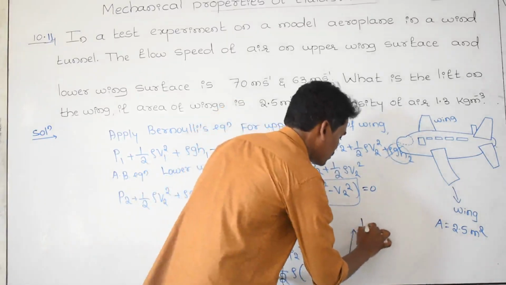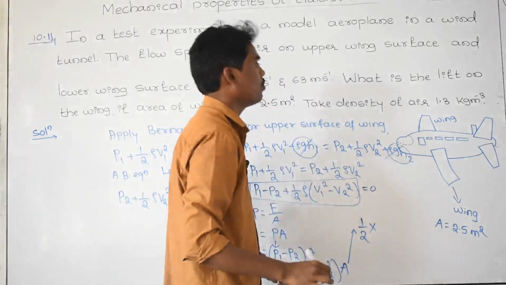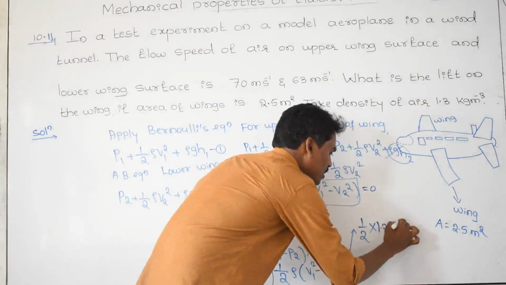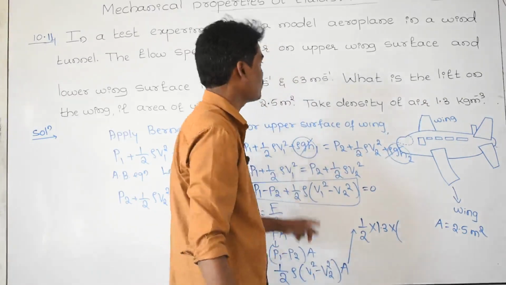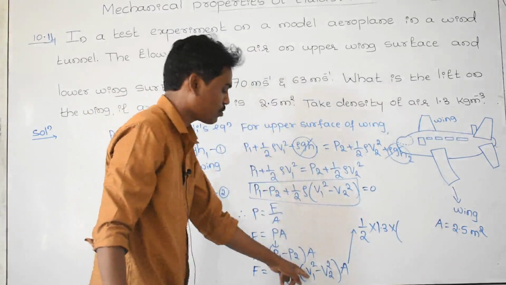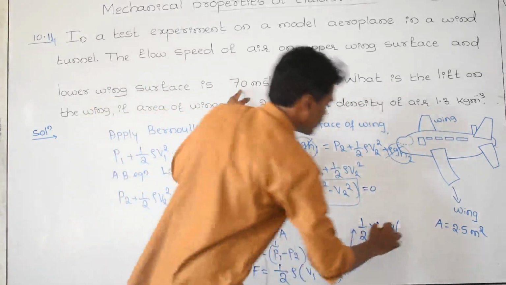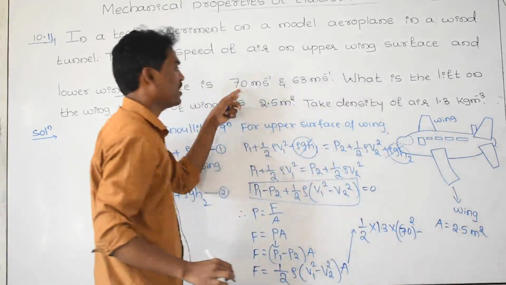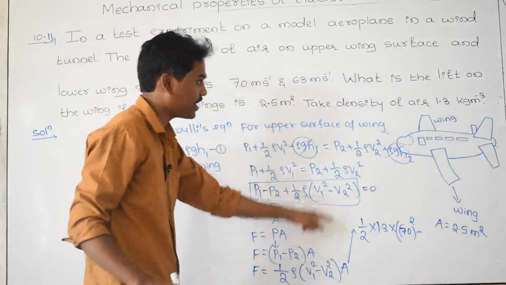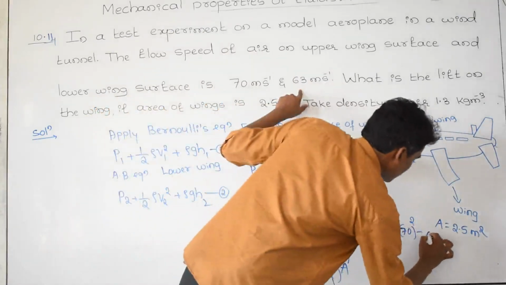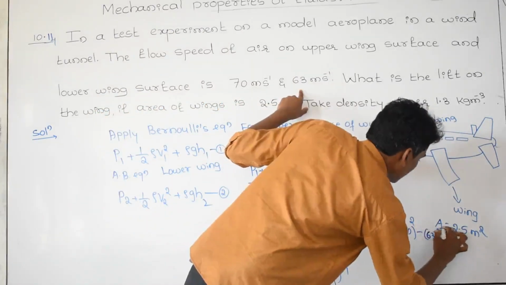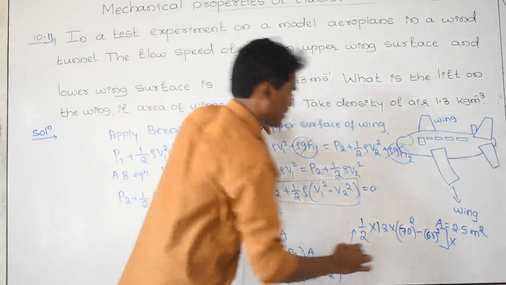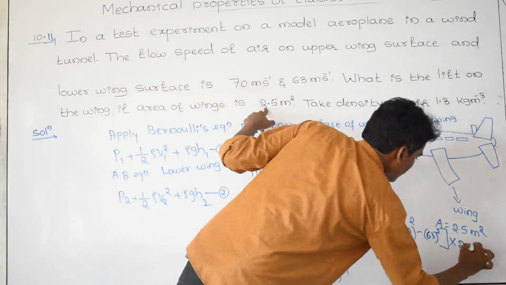Substitute all the values. 1 by 2 as it is into rho, which is the air density, given as 1.3, into V1 given as 70, so V1 square is 70 into 70, 70 square, minus V2 given as 63, so V2 square is 63 into 63, 63 whole square, into A, which is given as 2.5 meter square.